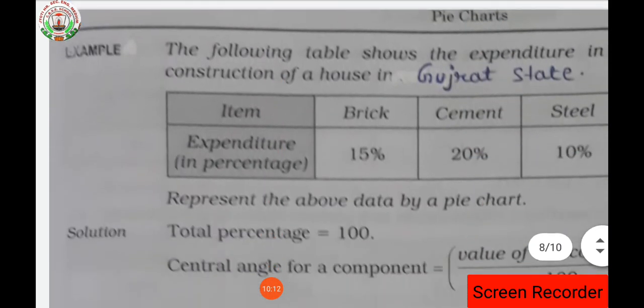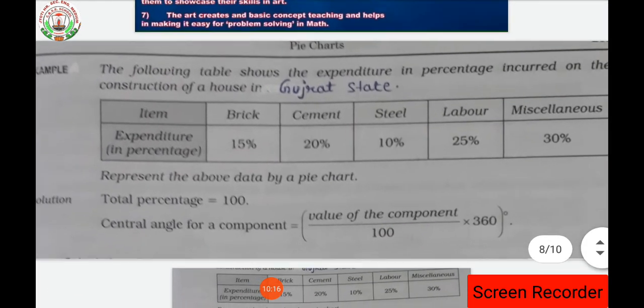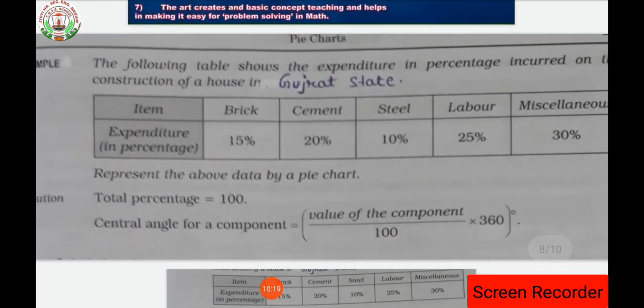Then we are having the question now. So here is the question, student. The following table shows the expenditures in percentage incurred on the construction of a house in Gujarat state. Items are bricks, cement, steel, labor and miscellaneous.